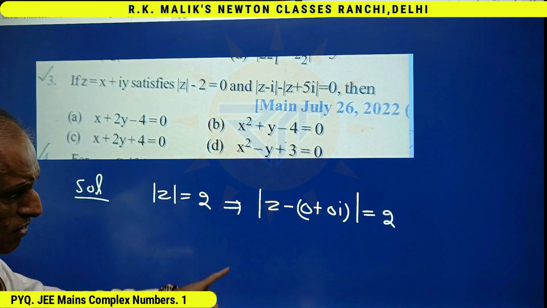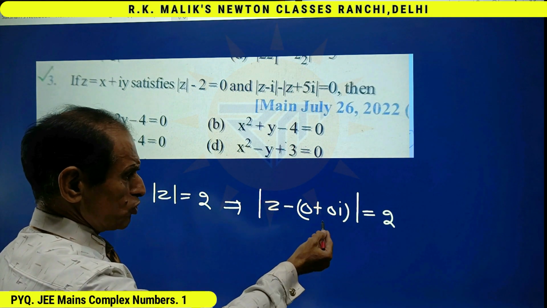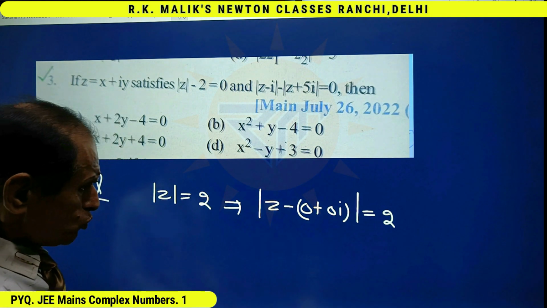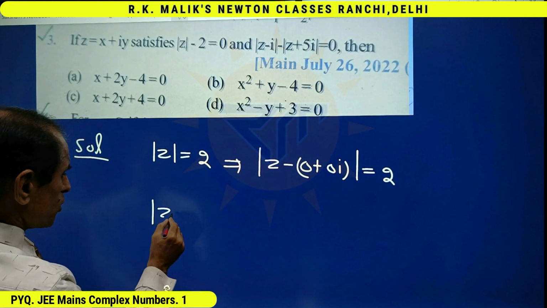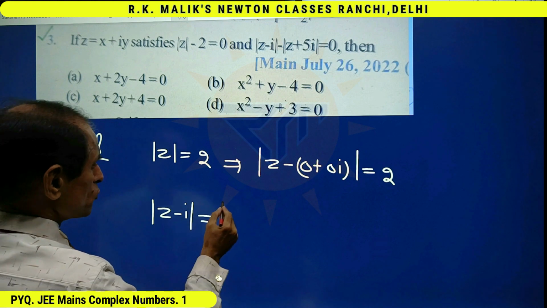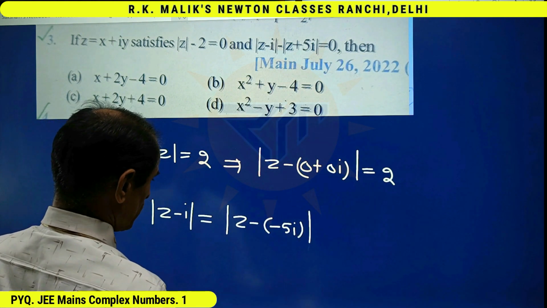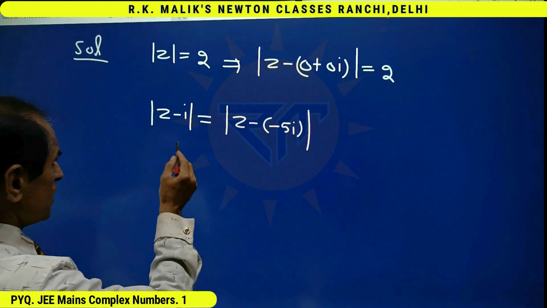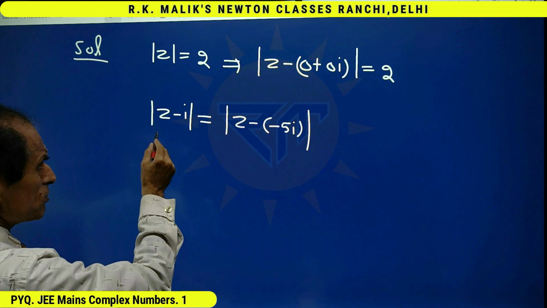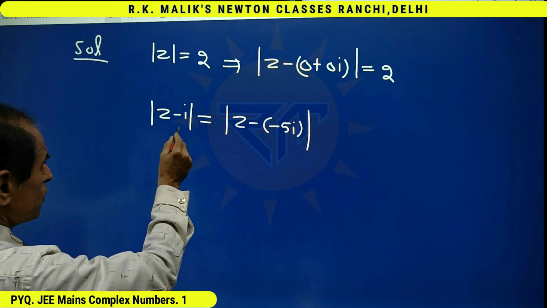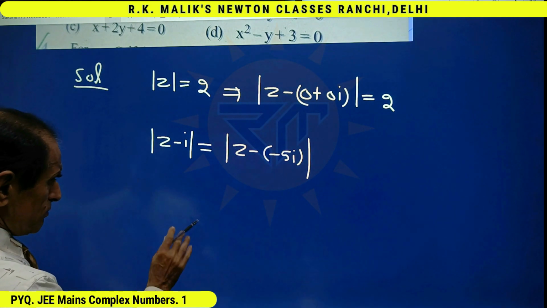Clearly this represents a circle with center 0, 0 and radius 2, and this information means mod of z minus i is equal to mod of z minus 5i. That is, I can say z is a complex number whose distance from iota and minus 5 iota are equal.